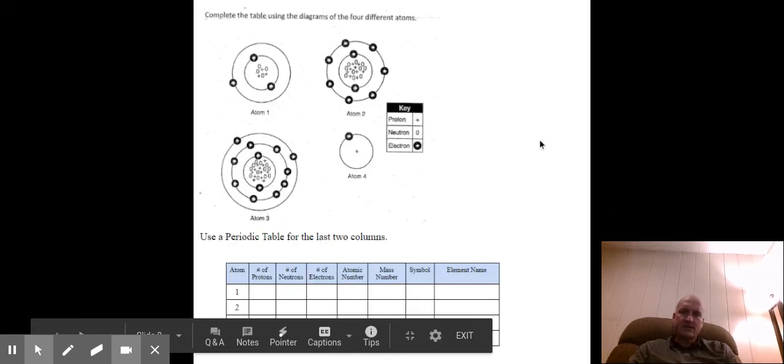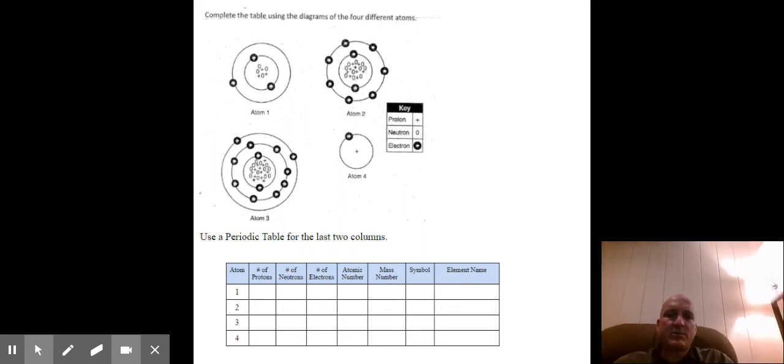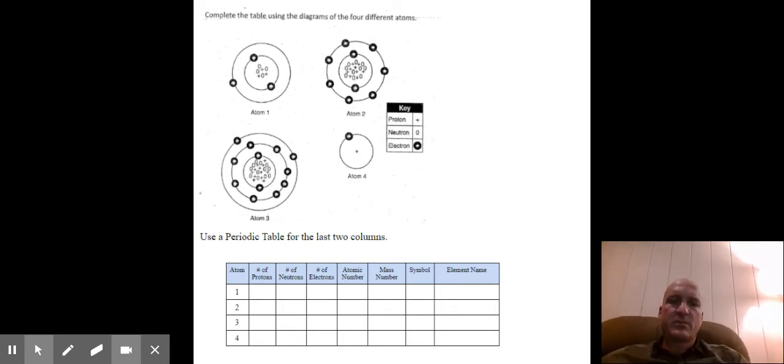All right, the back side of the assignment, the next page, uses these shell models. Use the key over here. And you can also use your periodic table for the symbol and name. Atom 1 is pictured up here.